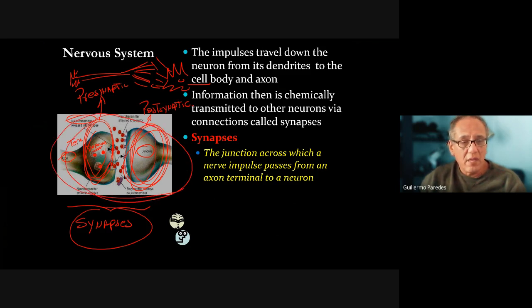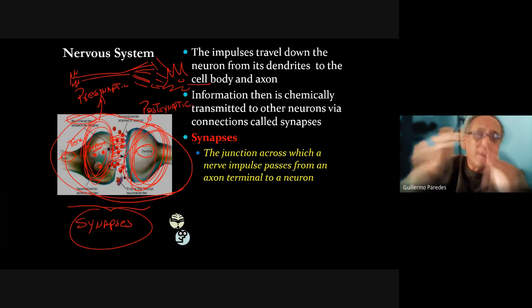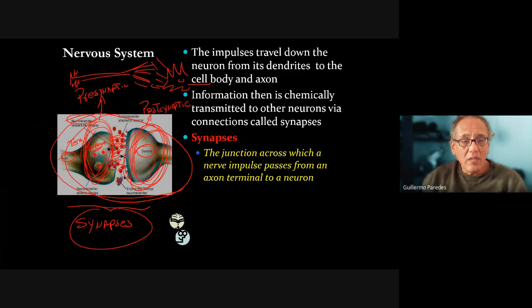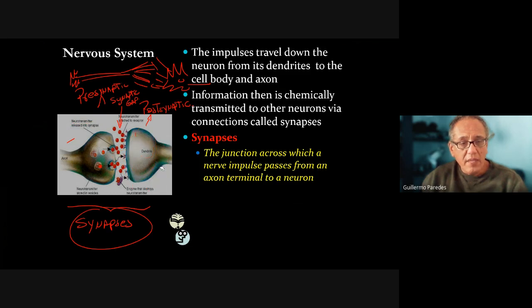This is presynaptic, this is postsynaptic. And this space, there is always a space. It is not totally together. This is called the synaptic gap. You okay with that? Okay. So we have the presynaptic here, the postsynaptic here, and in the middle the synaptic gap. There are three things you need to remember.